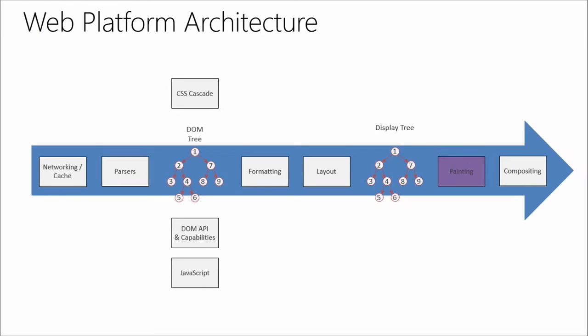We'll get into ways to do that more efficiently. But the flow is, when you're working on a page, there's HTML, CSS, and JavaScript, and it's more than just markup in your page. There's other things to consider, like the formatting, the layout, the painting. And then at the very end, it gets composed by the GPU and then rendered to the screen.